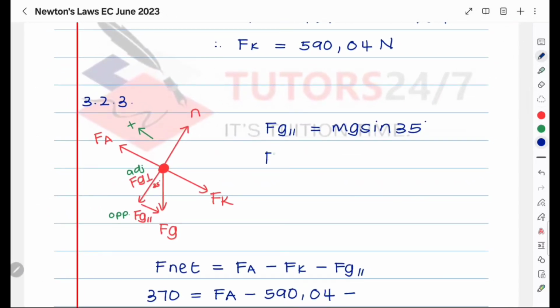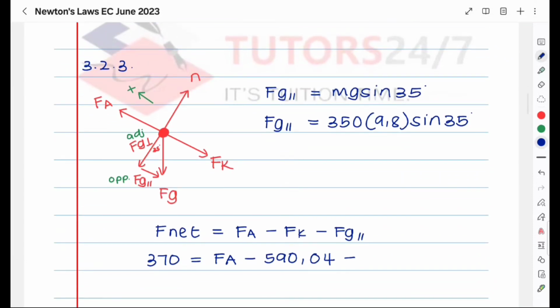So from here, let us substitute. That gives me a value of 1967.37 newtons. So that is our value of Fg parallel.